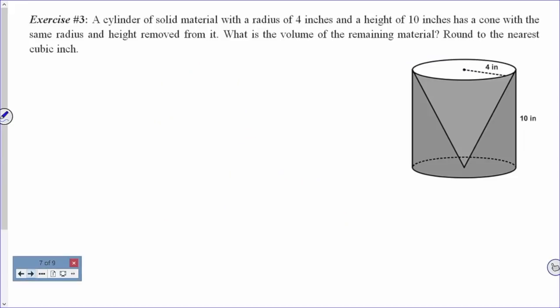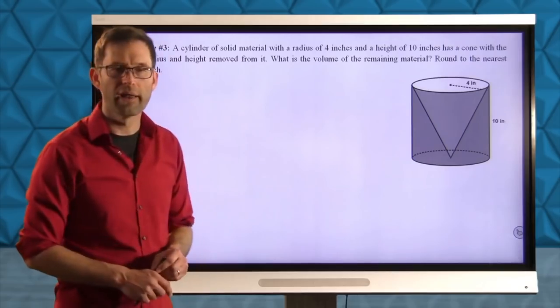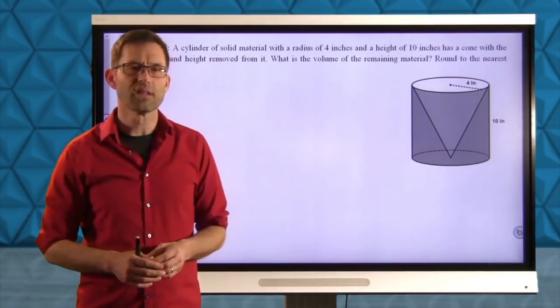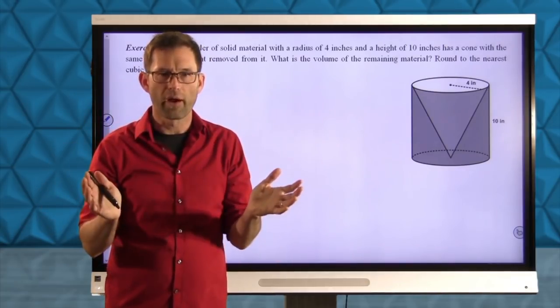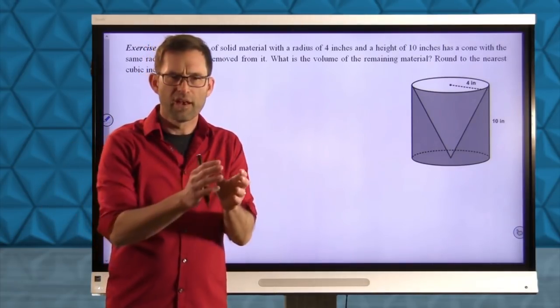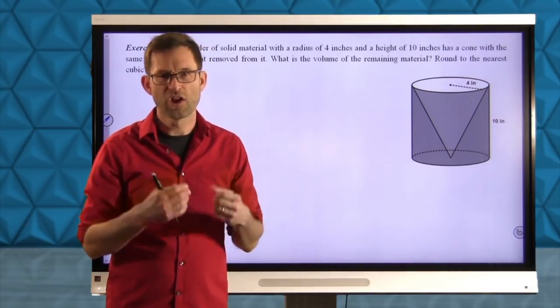Exercise number 3. A cylinder of solid material with a radius of 4 inches and a height of 10 inches has a cone with the same radius and height removed from it. What is the volume of the remaining material? Round to the nearest cubic inch. All right, now this is a very common problem. It's not too different from those shaded area problems where you had an overall area to calculate, then an area that was not shaded.